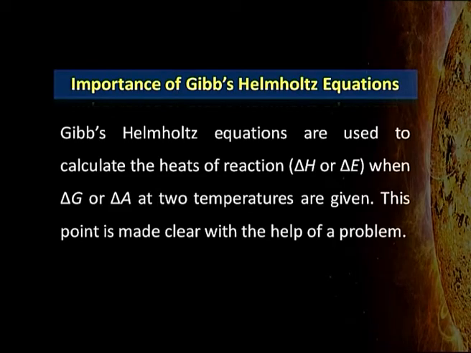Gibbs-Helmholtz equations are used to calculate the heats of reaction, delta H or delta E, when delta G or delta A at two temperatures are given. This point is made clear with the help of a problem.